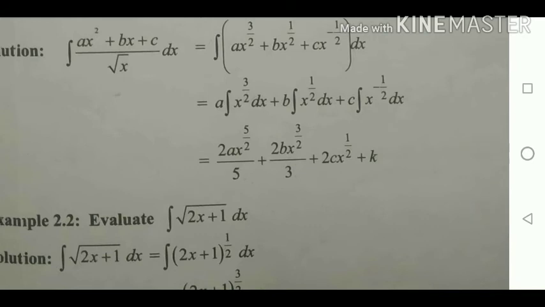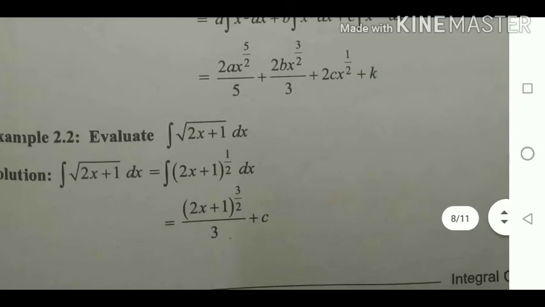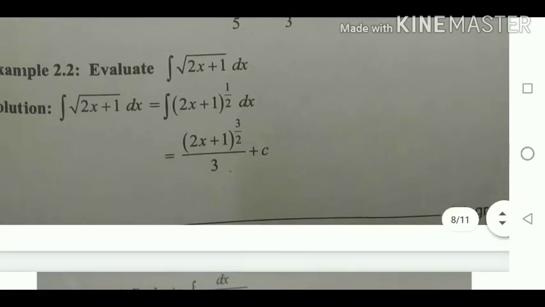Okay, next, evaluate: integrate root 2x plus 1 dx. Root means the power is half. That is, integration of (2x plus 1) whole power 1 by 2 dx. Now add 1 to the power: half plus 1 gives 3 by 2.